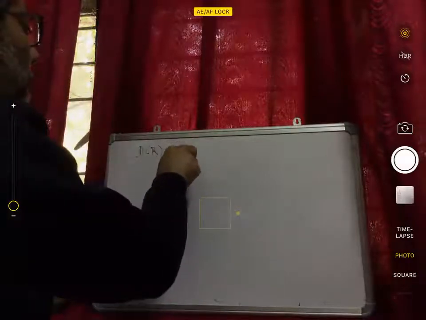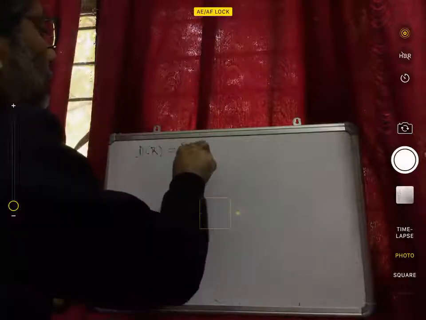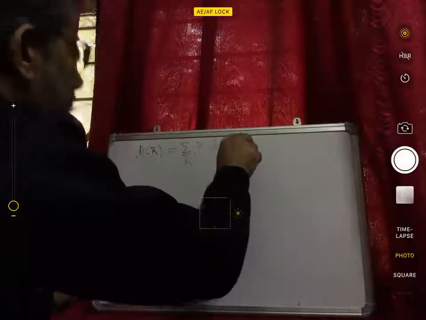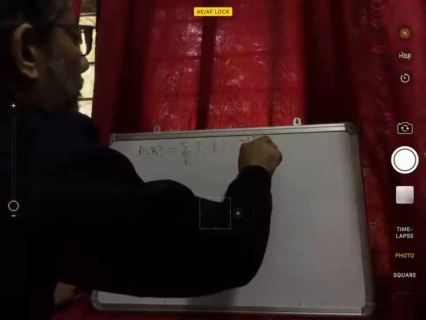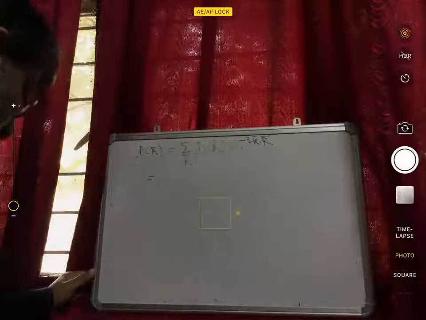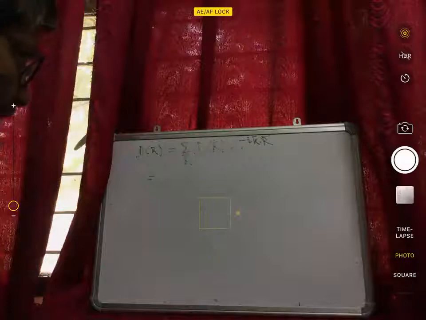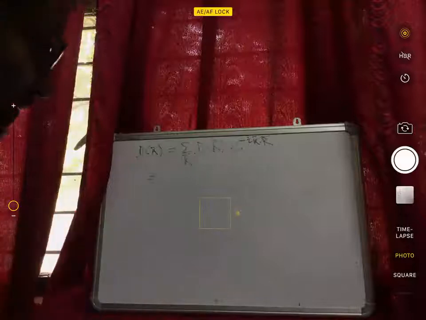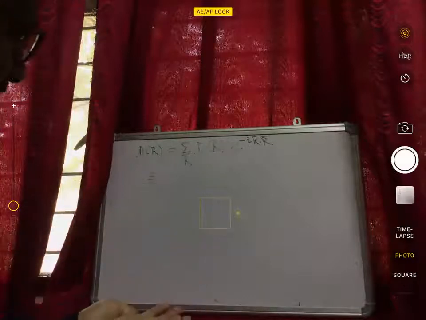So the first thing I'll do is, see, R goes over all the vectors. So if we have some particular R in the summation, we also have minus R in the summation.